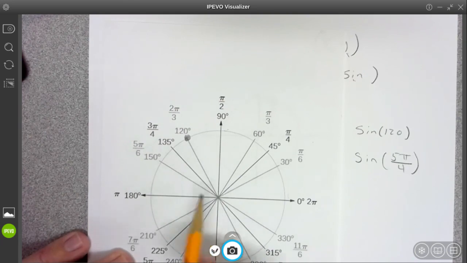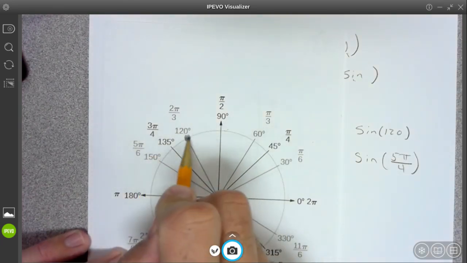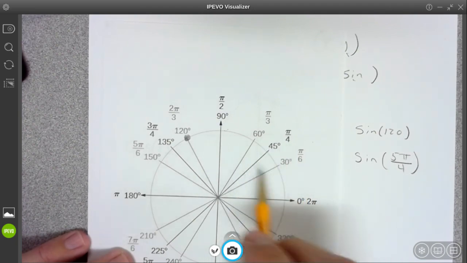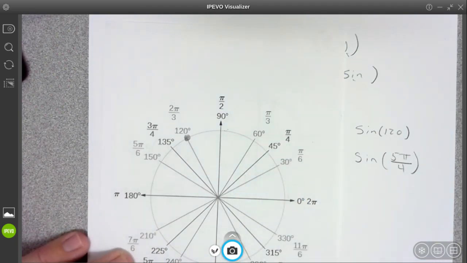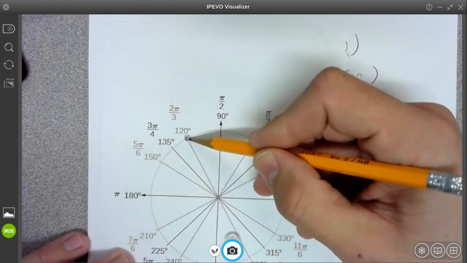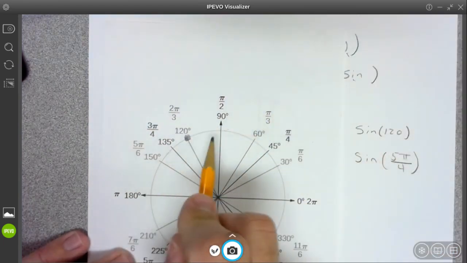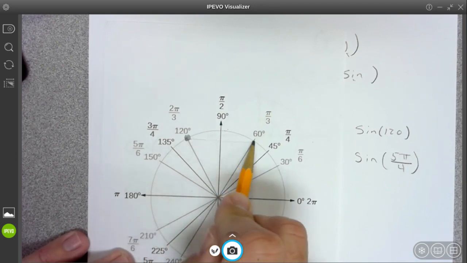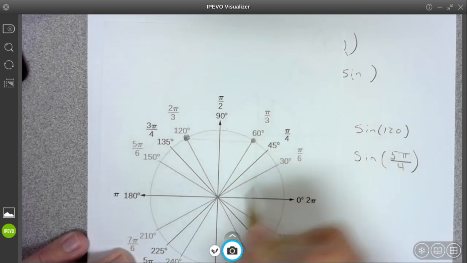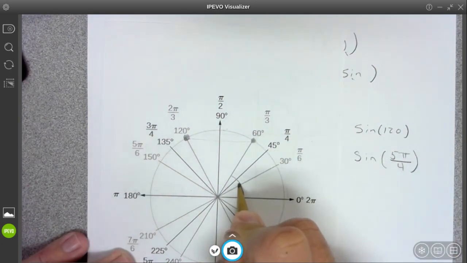I want to relate it to a quadrant 1 angle. It's way up high, so I'm just reflecting it across the y-axis. So I'm really looking at this angle right here, the 60-degree angle.